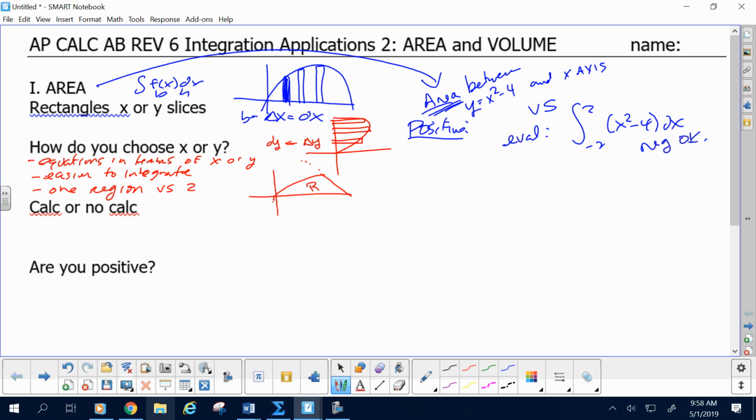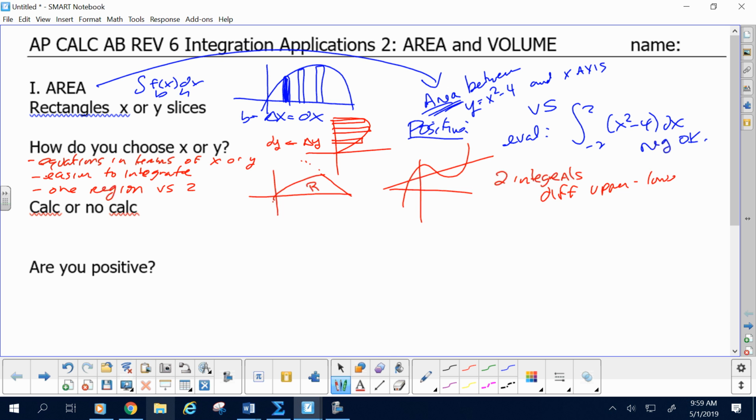What's easier, all right? Keep in mind also that sometimes you're going to get two areas. If, for example, you had something like that, then that has to be done with two integrals, each with a different upper minus lower. You follow?